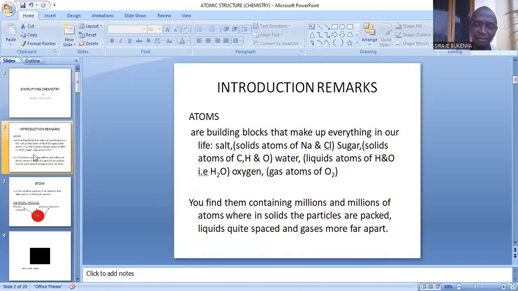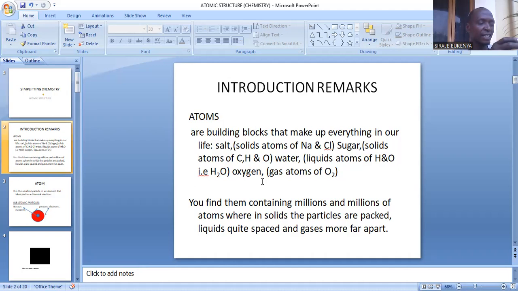Sugar is also made of atoms of carbon, hydrogen, and oxygen. Water, the liquids, molecules, atoms of hydrogen and oxygen. Eventually, somebody can call it H2O, as we have also talked about NaCl. Oxygen is a gas.